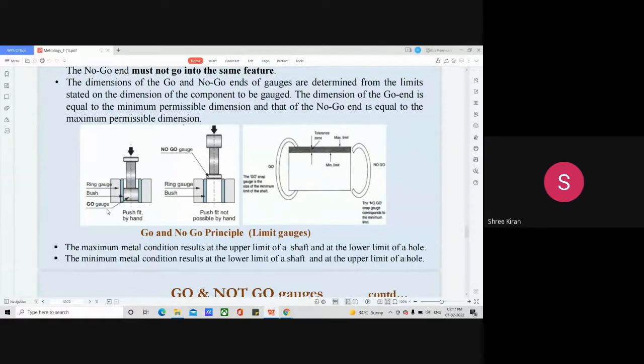Okay. Then ring type gauge. Okay. Then plain type gauge. Plain gauges. Okay. Then caliper gauge.